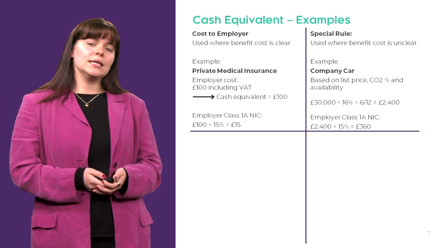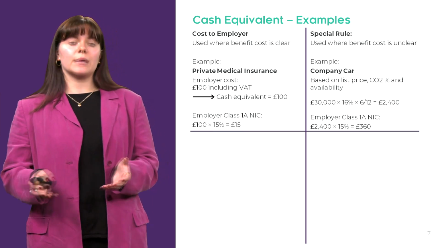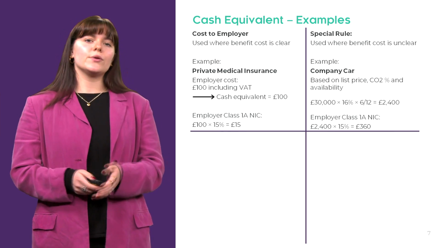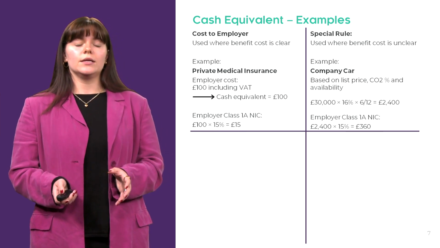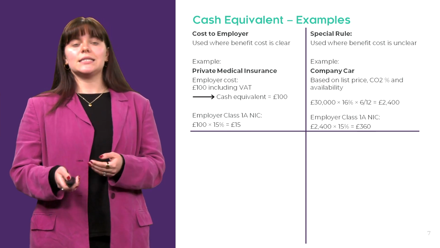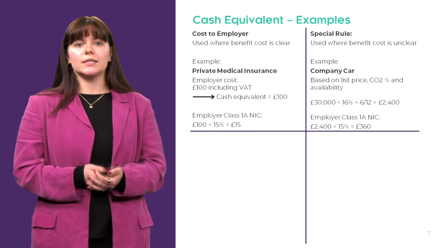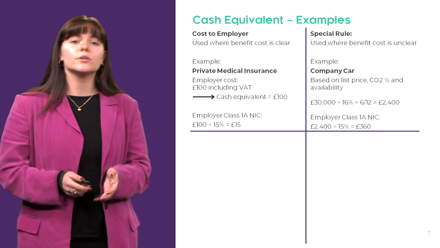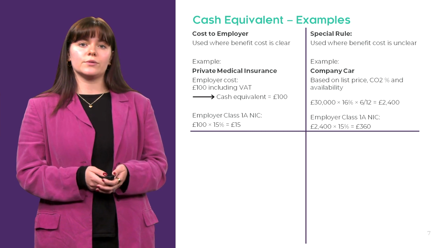For example, if the list price is £30,000, the CO2 percentage is 16%, and the car is only available for half of the tax year, then we calculate the benefit as £30,000 multiplied by 16%, and then multiply by 6 over 12 for how many months it was available. That gives us a cash equivalent of £2,400.